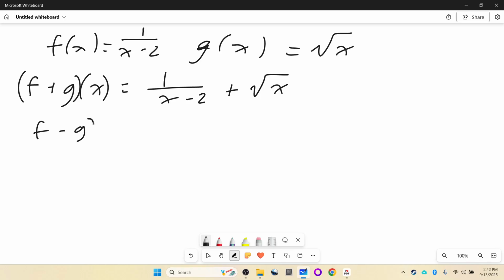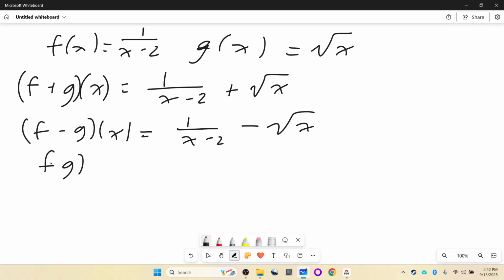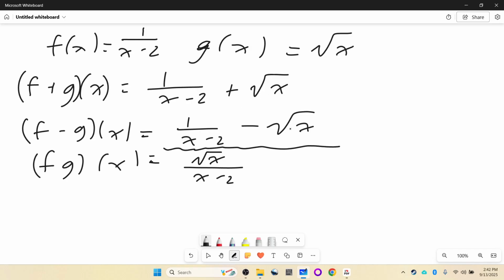F minus g of x is 1 over x minus 2 minus root x. Now let's do f times g of x, which would be square root of x over x minus 2. I just multiply them together. The square root of x ends up on the top. You separate this out so it doesn't run together.